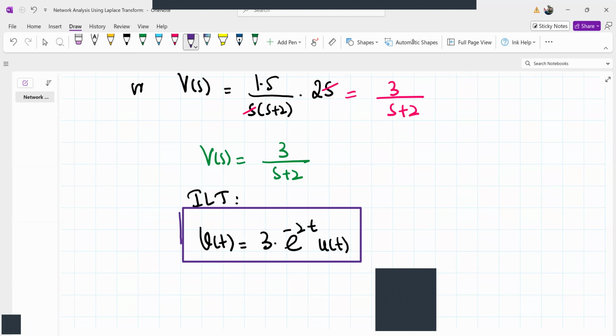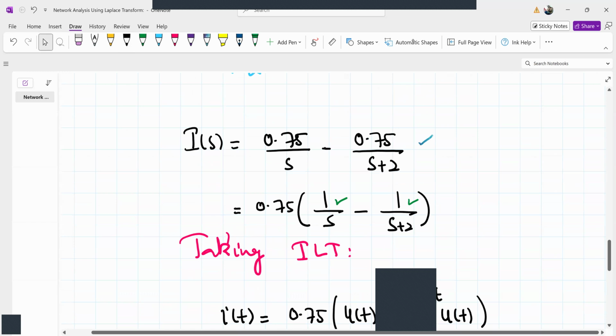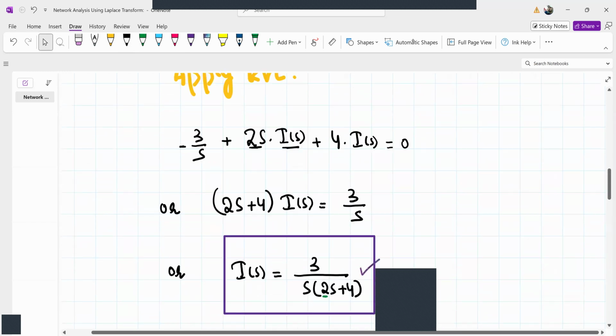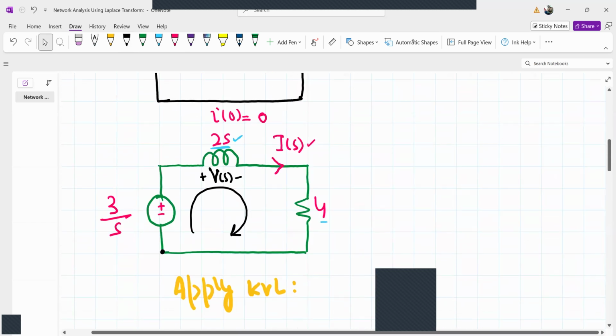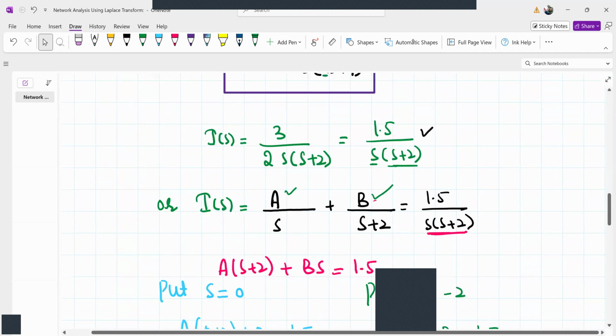Similarly, we can find the other terms. Once we have found the current in this circuit in terms of the Laplace variable s, we can find any quantity in the circuit. We can also find the voltage across this resistor, simply applying Ohm's law.